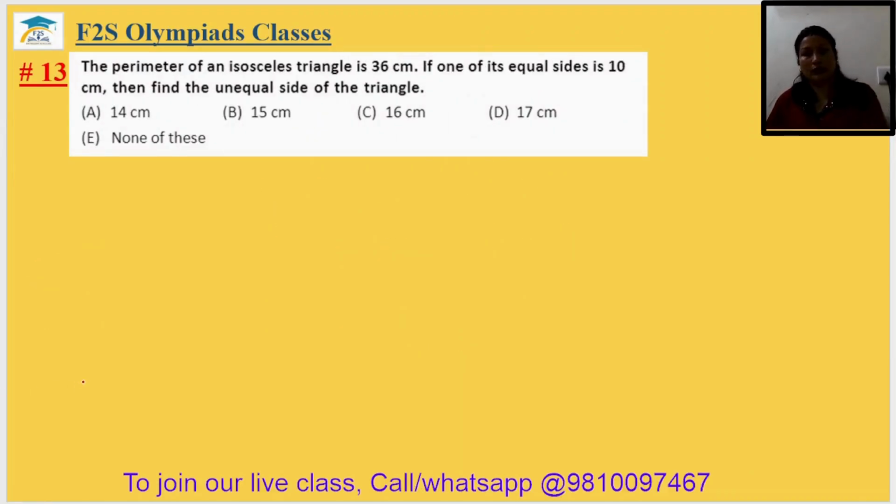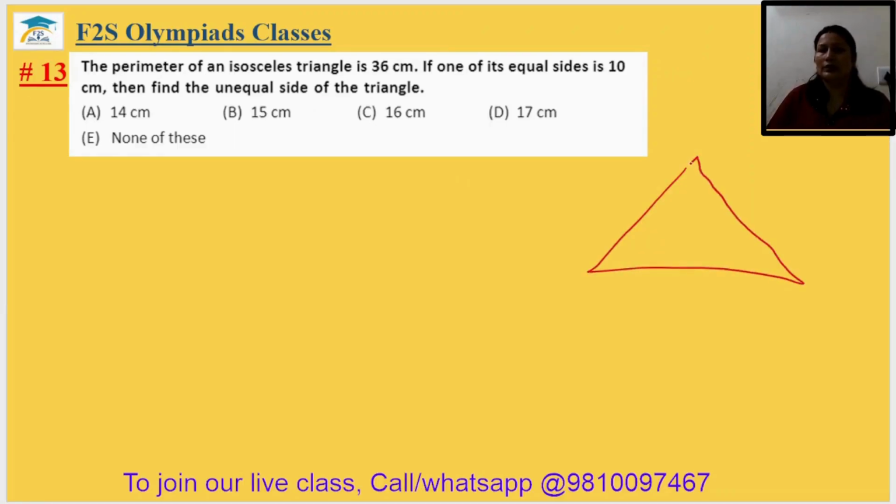Come to question number 13. The perimeter of an isosceles triangle is 36 centimeter. If one of its equal sides is 10 centimeter, then find the unequal side of the triangle. Isosceles triangle, the lengths of the two sides are equal.